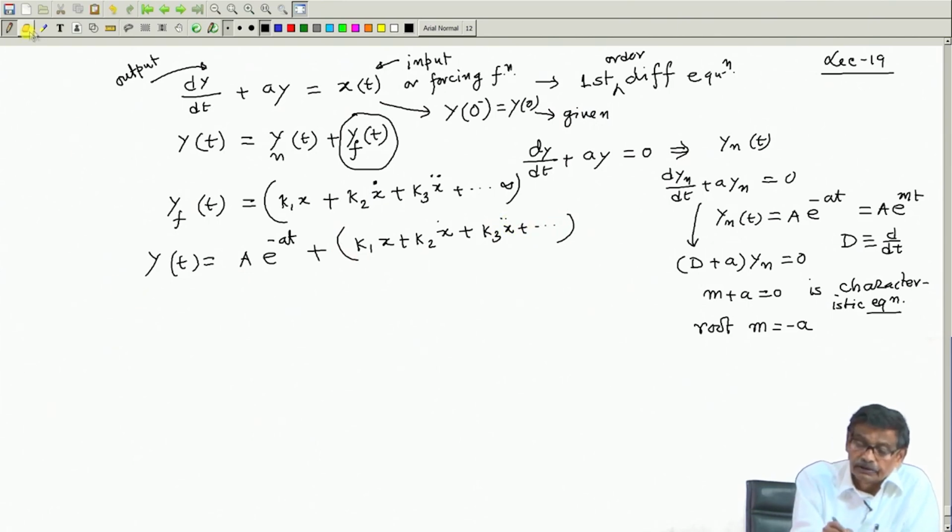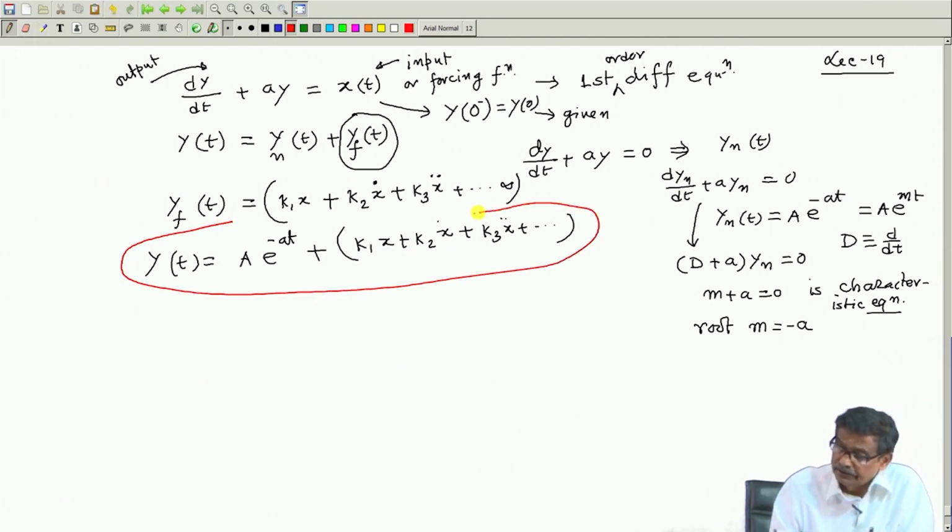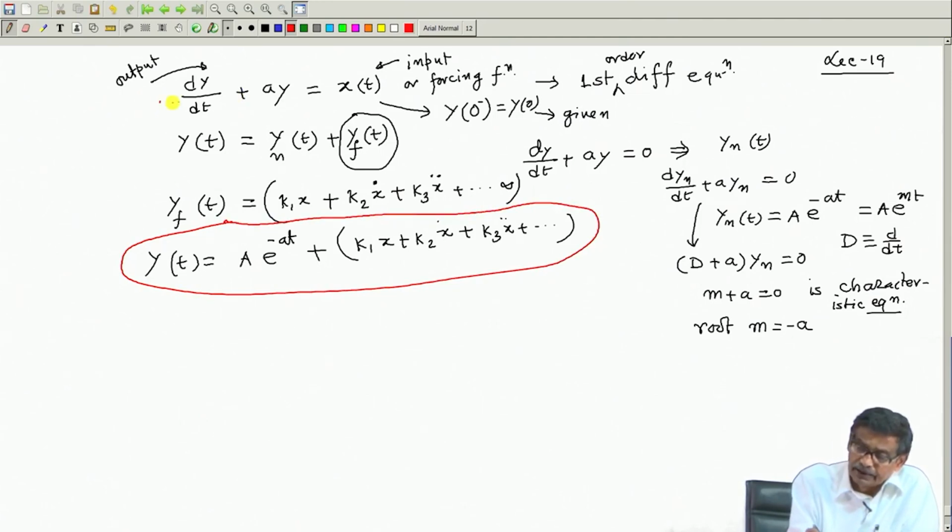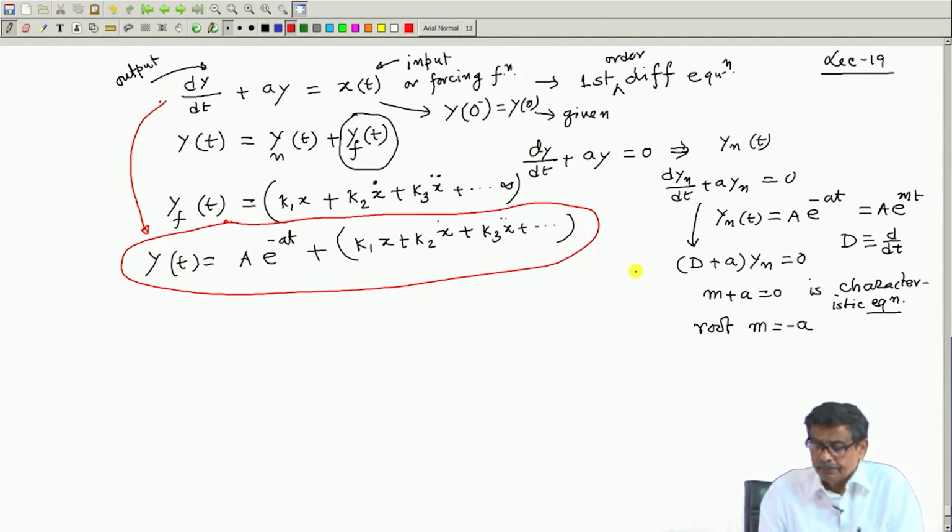This is the solution, and the point I want to make now is that, given the differential equation, I am not going to integrate or things like that. Straight away from this I should be able to write the solution. Here the nature of the solution is known, only these constants are to be determined. So, how to do that?